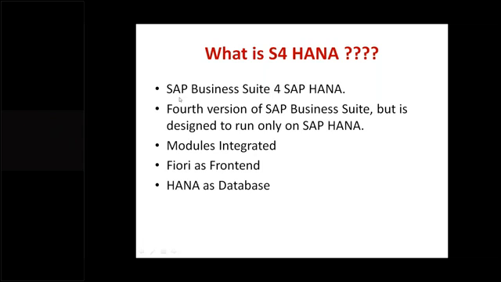This is SAP Business Suite 4 for SAP HANA, Business Suite 4 version on SAP HANA, or otherwise, the fourth version of SAP Business Suite. So why did this 4 come here? It is nothing but the fourth version of SAP Business Suite. When you say Business Suite, it includes integration of modules, and most of the integration of modules has been done.